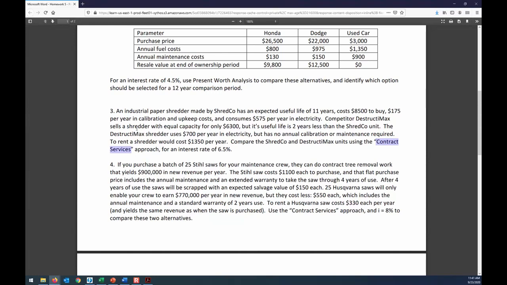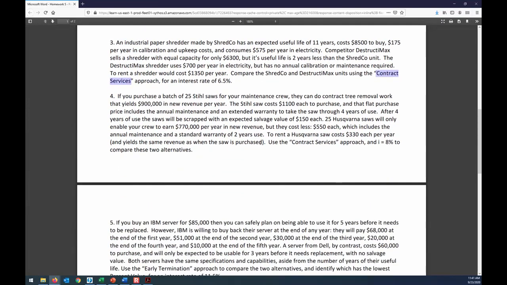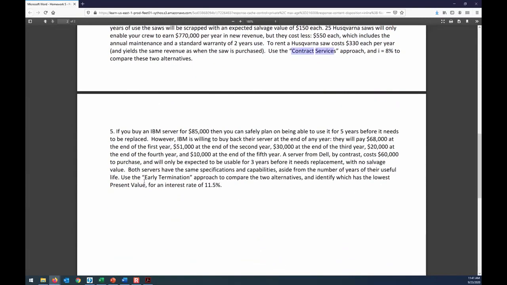It's always worth sketching out the cash flow diagram to get a graphical sense of what the revenues are, when the revenues occur, what the costs are, and so on. Contract services for question number 4, and then finally early termination is what you're going to use for the last problem. So it's shorter than your last assignment was.